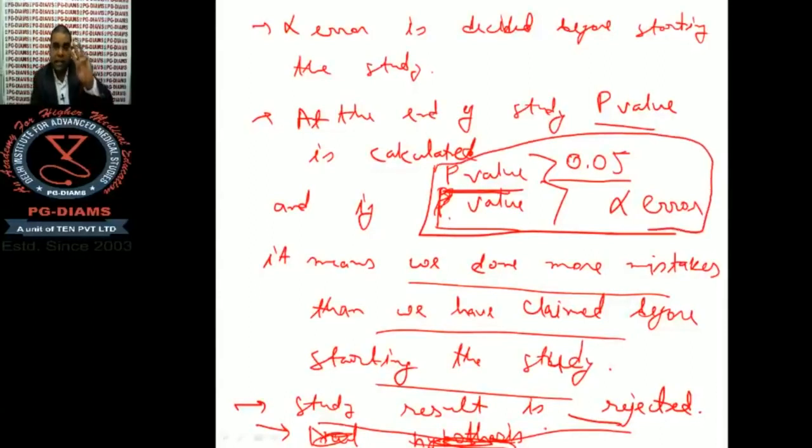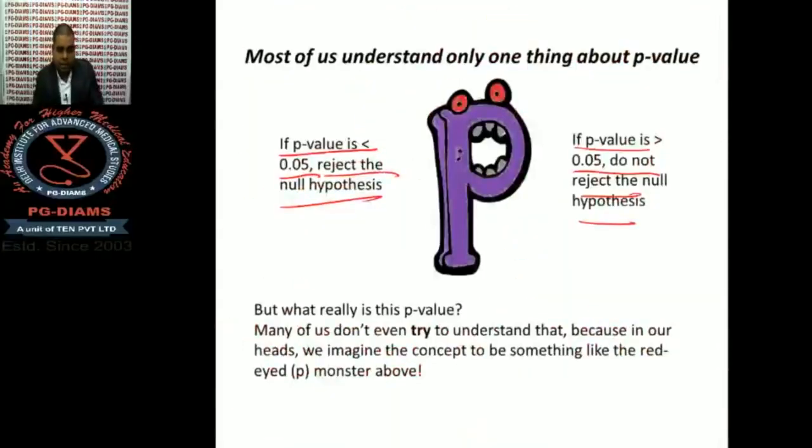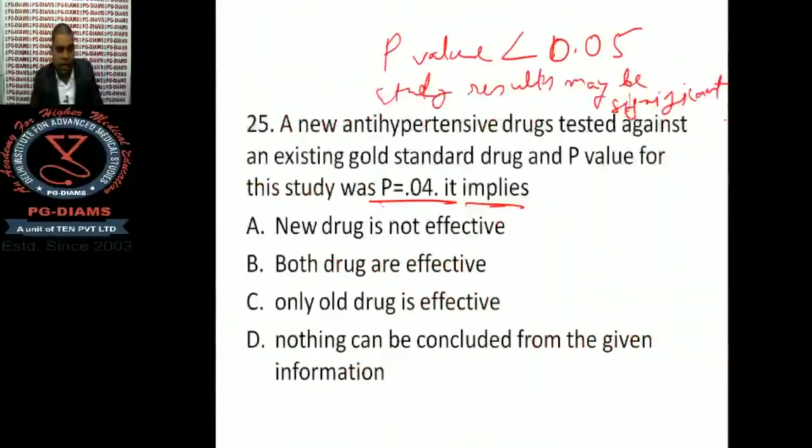So these three things conclusively make you understand whether the study results are worth accepting or cannot be accepted. It means that you cannot say based on the p-value alone whether the new drug is effective or not, because you need three things.